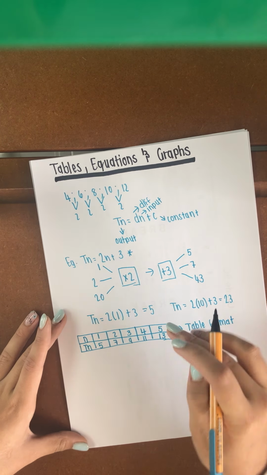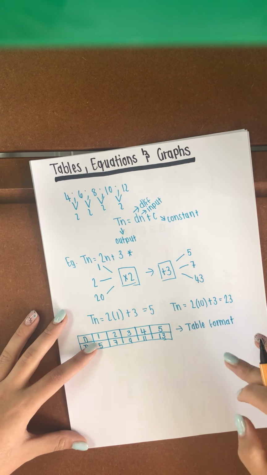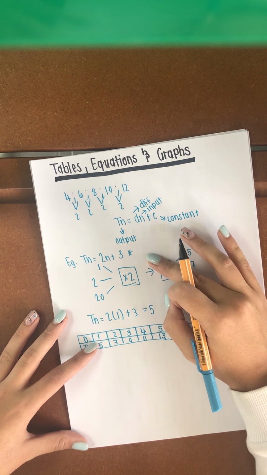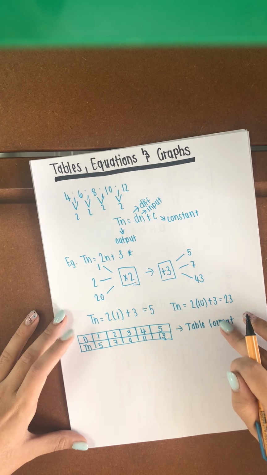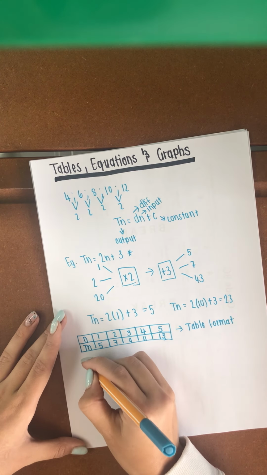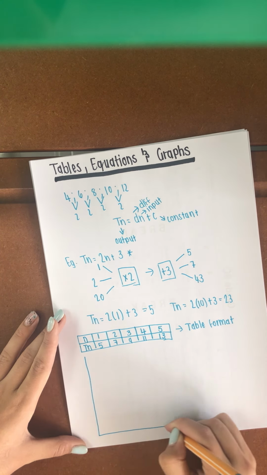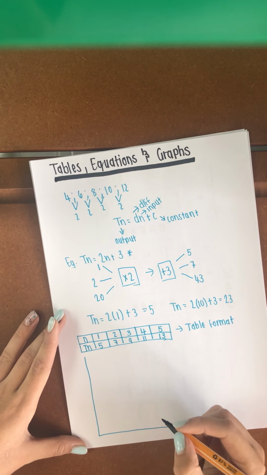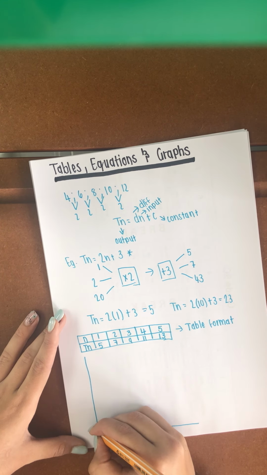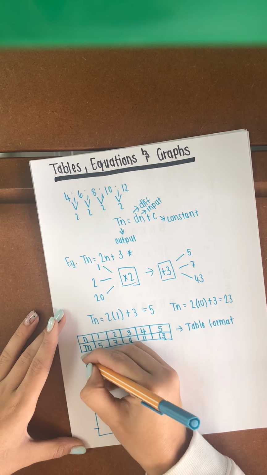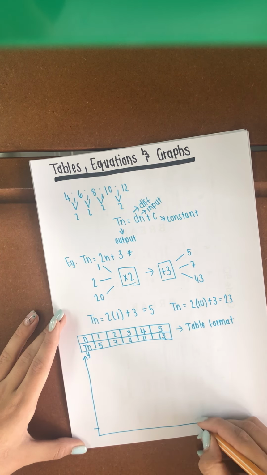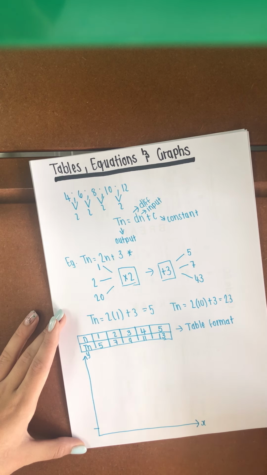Now I can take my table and put it into a graph, or I could have taken my equation and put it into the graph. But let's do table to graph quickly. If I draw my graph, and you guys are going to draw a much better graph than me, I put my output values, which always go on your y-axis. Your input values are always on your x-axis.